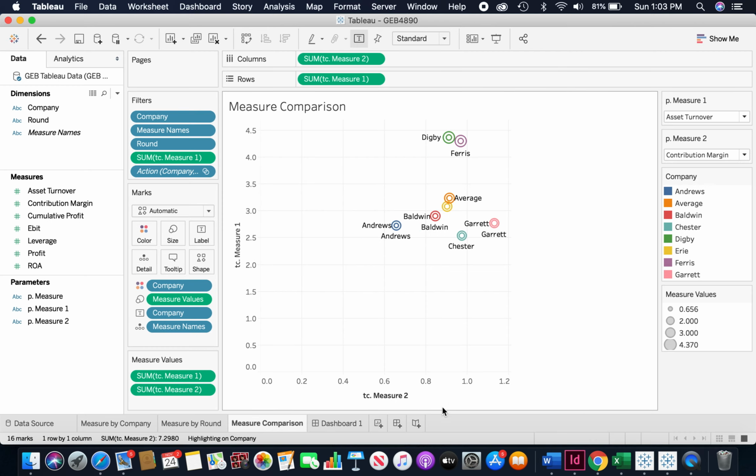Now, when we are comparing these companies, there are many differences. Based on the last sheet that we looked at from the rounds, comparing the companies, Digby and Ferris are definitely in the lead.